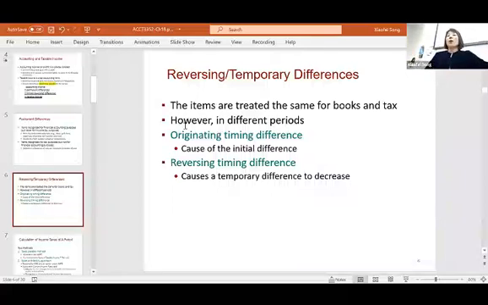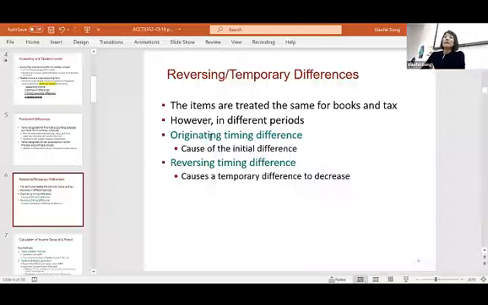So there is an originating timing difference. That's when one has included it and the other has not yet. And there's a reversing timing difference. That's when the other one includes it, but the first one has already included it.